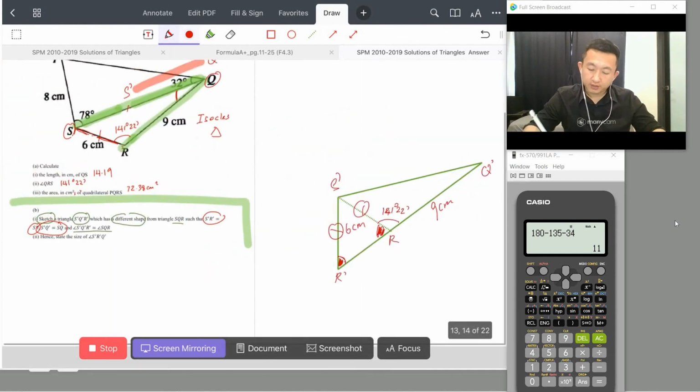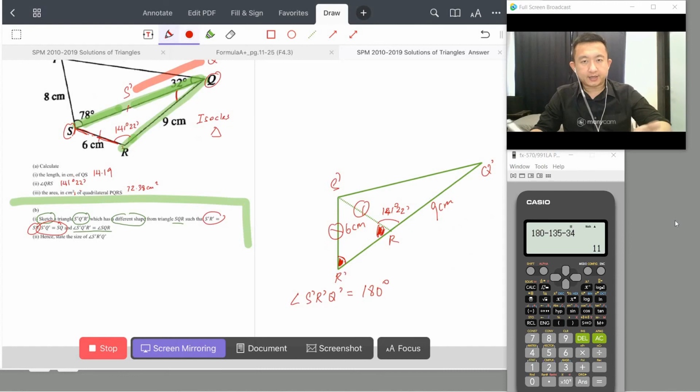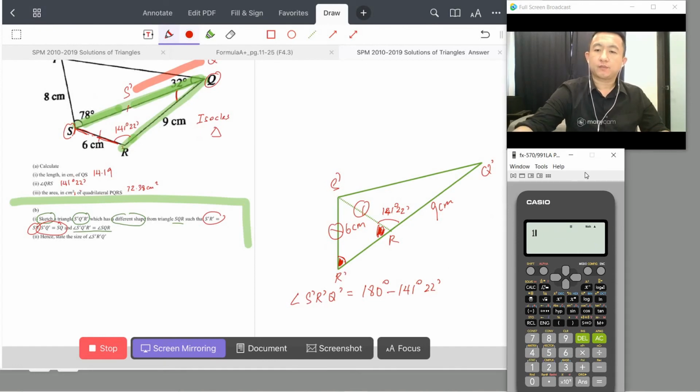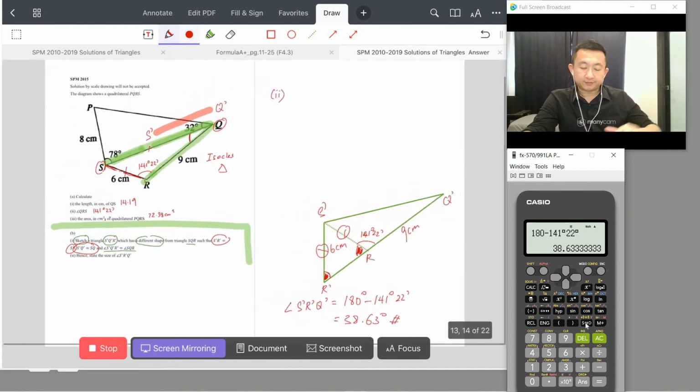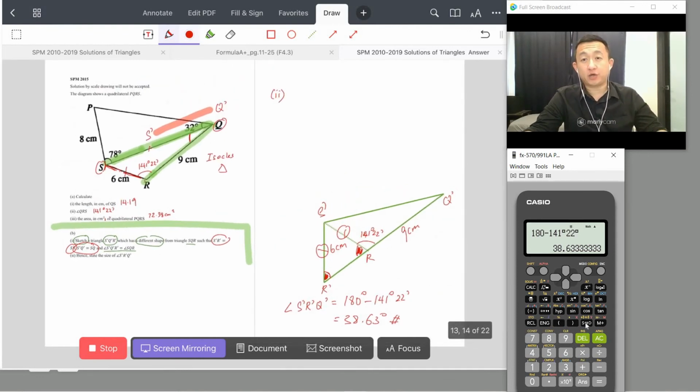So angle S prime R prime Q prime equals 180 straight line angle minus 141 degree 22 minutes. 38.63 degree is the final answer for the angle S prime R prime Q prime.